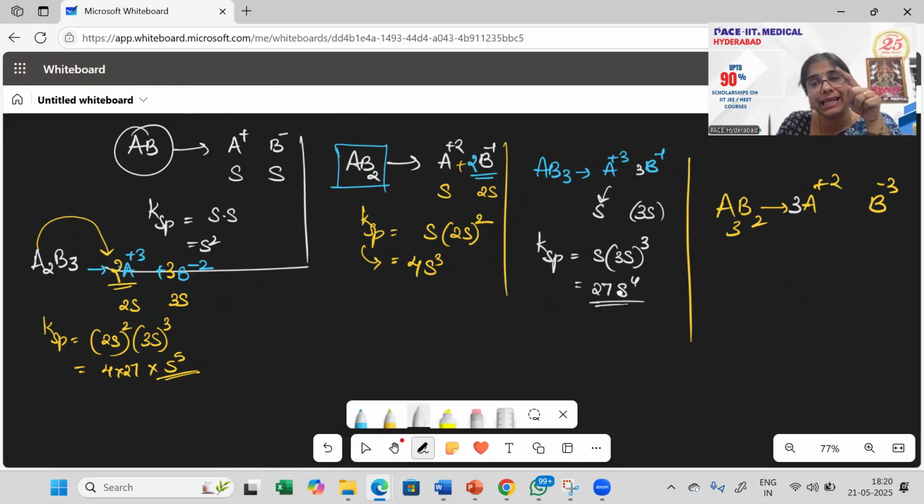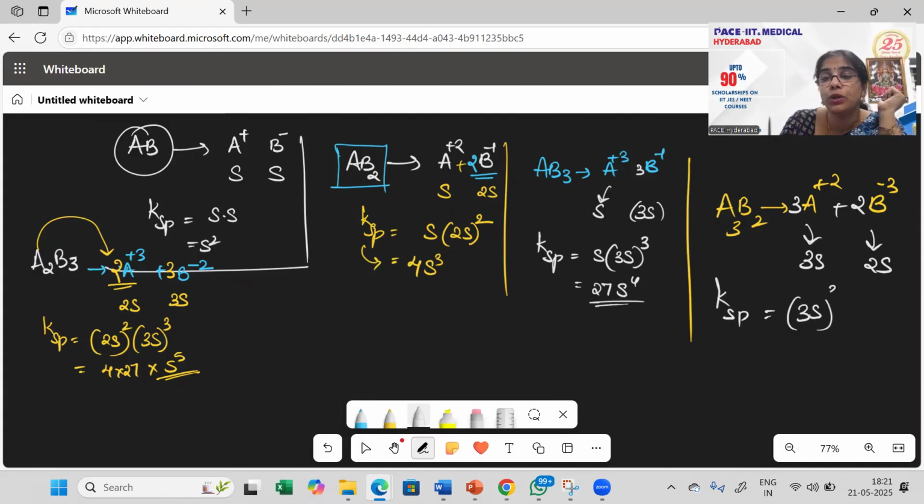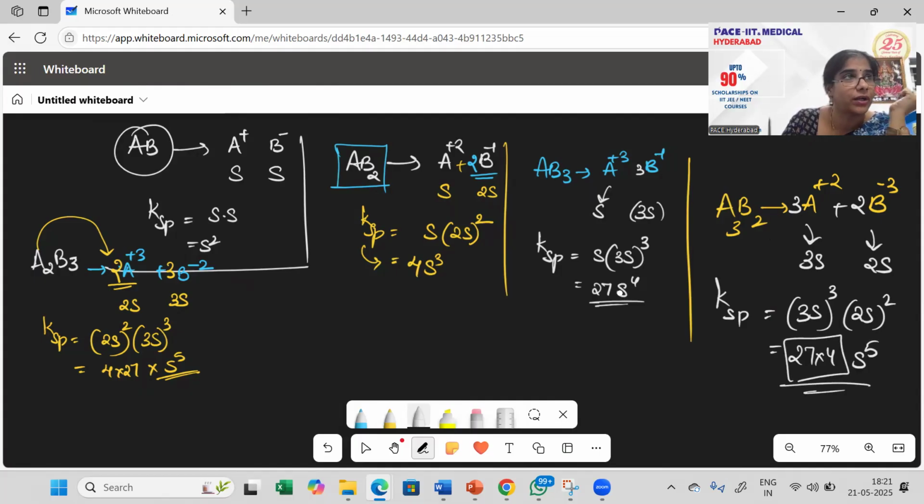So it is 3 A plus 2 ions, and how many B of it? You have 2 B of them. So this is my 3S and this is my 2S. My solubility product is 3S the whole cube, 2S the whole square, which is 27 times 4 S power 5. This is the number which I got. So that is how I need to go in.